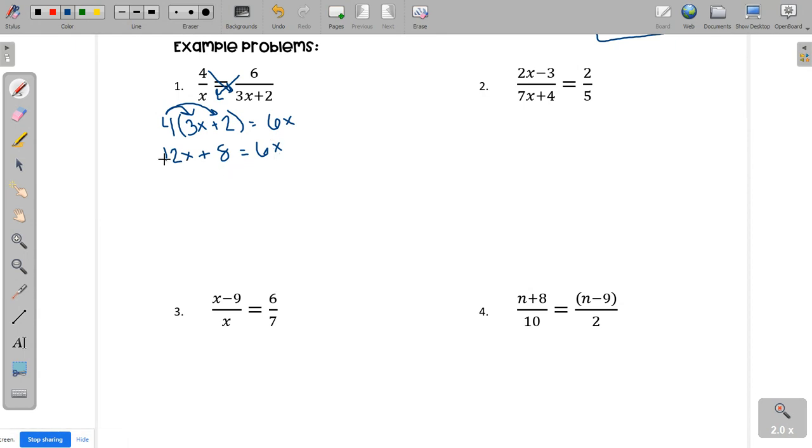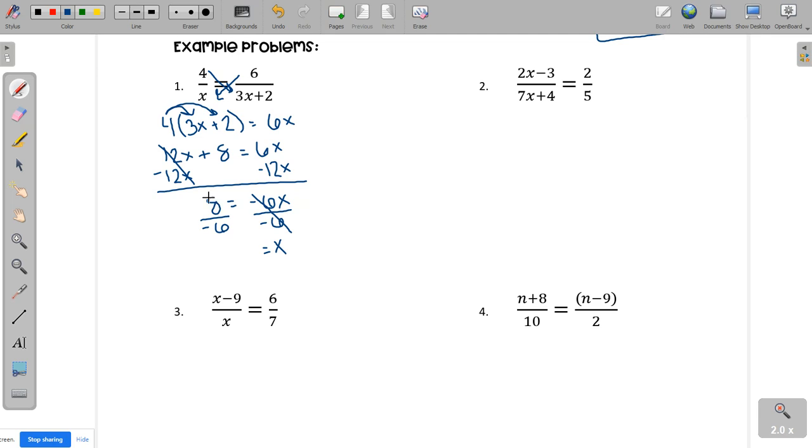Combine our like terms. So subtract our 12x over, cancels out, leaves us with 8 equaling 6 minus 12, which is negative 6x. We're multiplying here, so we're going to do the opposite and divide both sides by negative 6. It cancels.